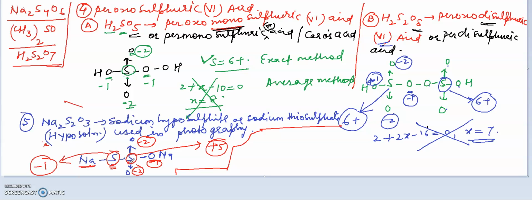Now next is H2S3O6. First we will draw the structure. H2S3O6, that is trithionic acid.